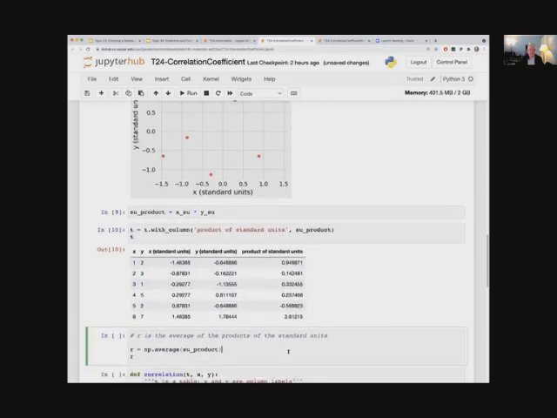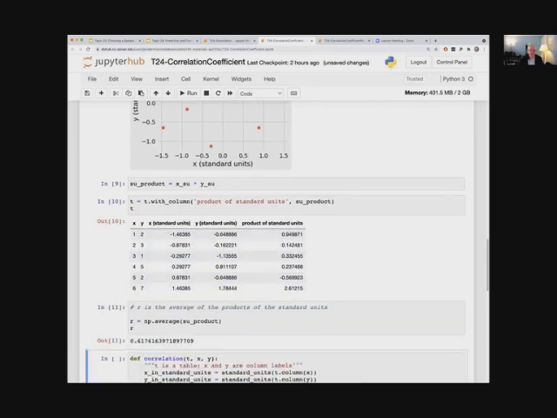Finally, to calculate R, we take this column, the product of the standard units, and we take the average of that. And then we get this measure, 0.61. If you remember, R is going to fall between +1 and -1.